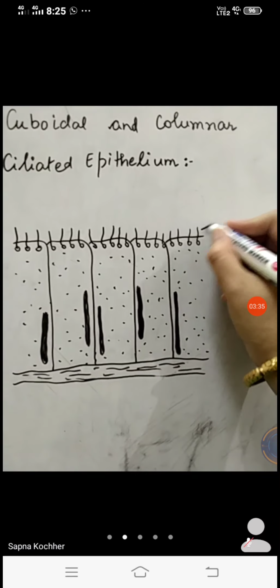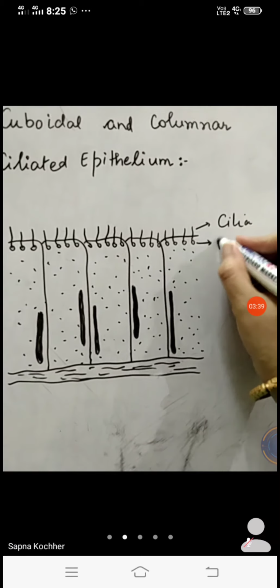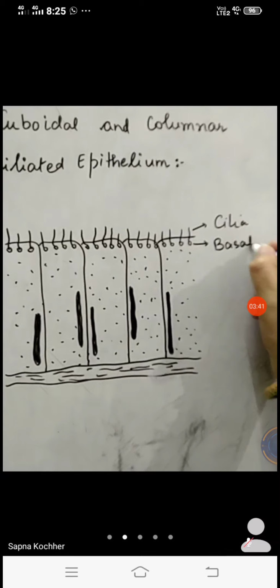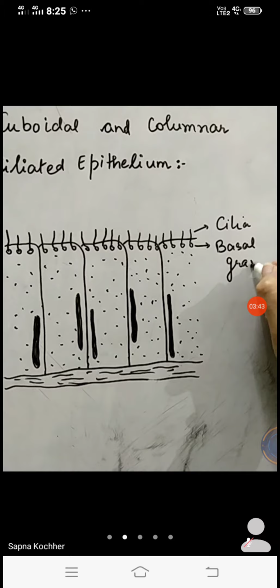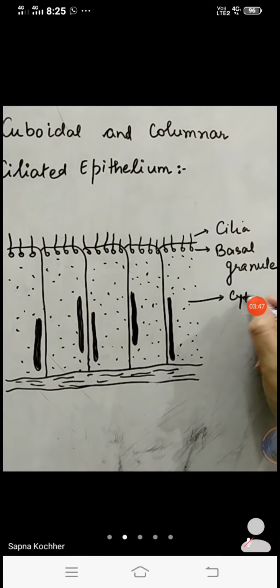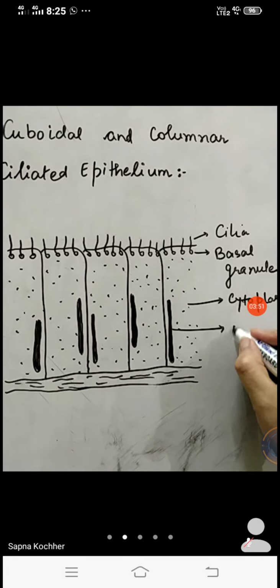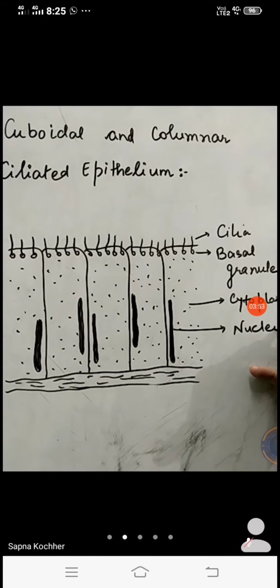Doing the labeling part for this, these are the small hairy projections called cilia. These are the basal granules from which the cilia are organized. Then the cytoplasm, nucleus. These are the general features.